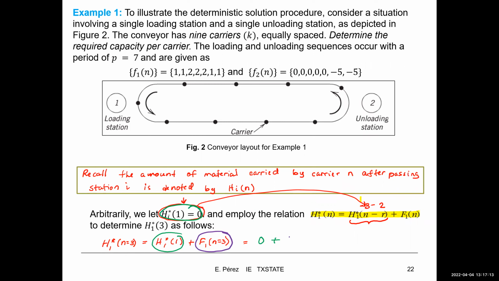So this is going to be equal to 2. And this is equal to 2. So H1 star of 3 equals 2. So I now have H1 star of 1 and H1 star of 3. I can use H1 star of 3 to compute the next one. Okay, so let's do that.